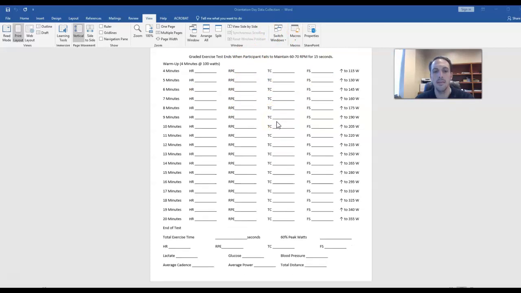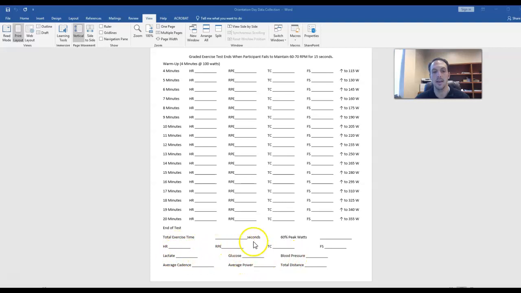At the end of the test, so they will go however long they can, we record the total exercise time, their peak watts that they were able to maintain at 60%, and we use this later, which is why we've got that. Also their heart rate, their RPE, thermal comfort, feeling score again, but then we increase the number of things that we got.